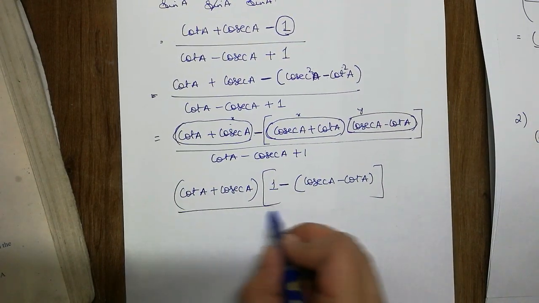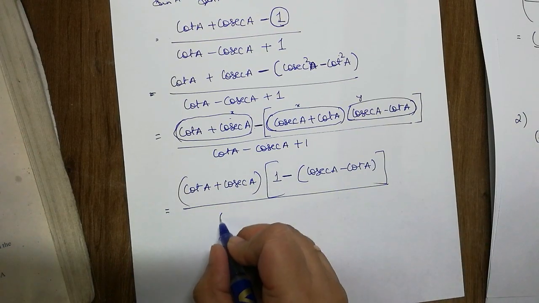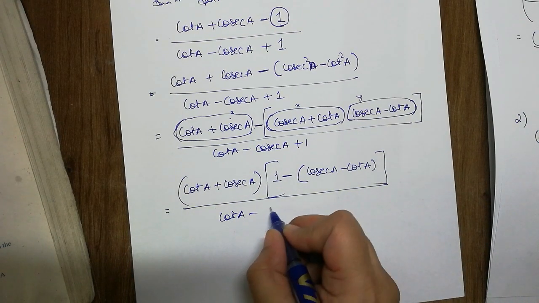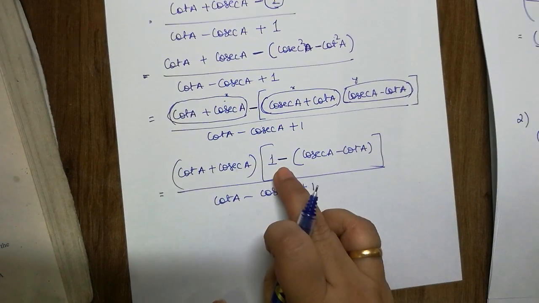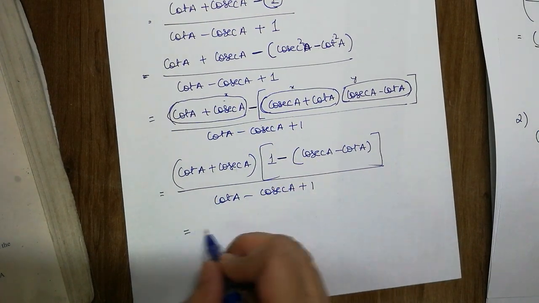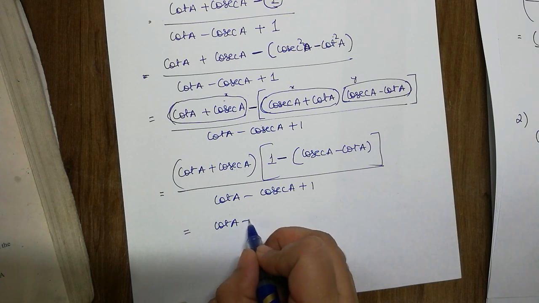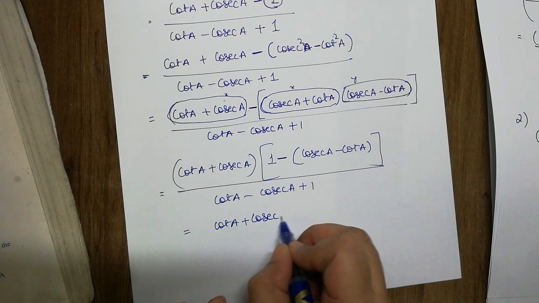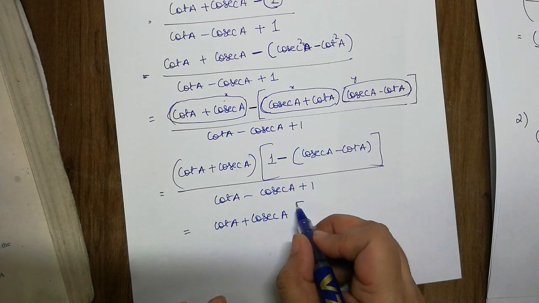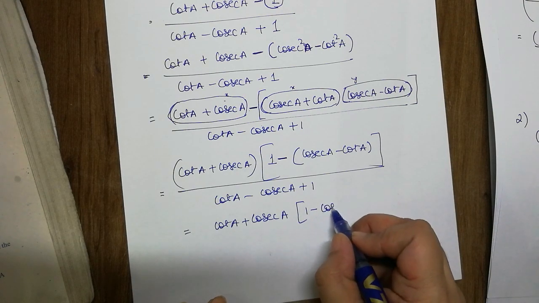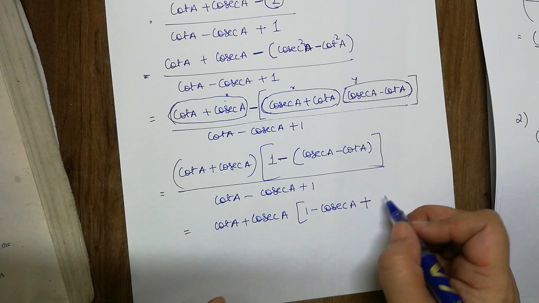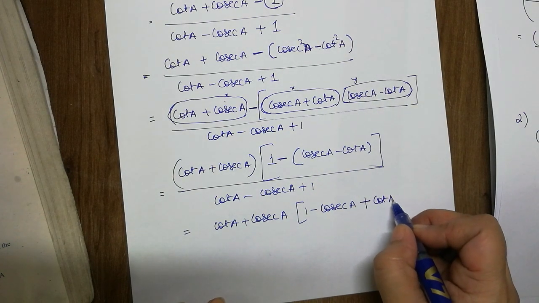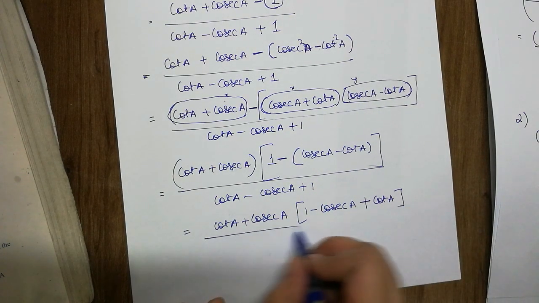Next, the denominator, as I told you before, do not simplify, just bring it as it is down. Open up bracket, here you get cot a plus cosec a, then here 1 minus cosec a plus, minus and minus plus. That's the reason I have been telling you to put bracket.